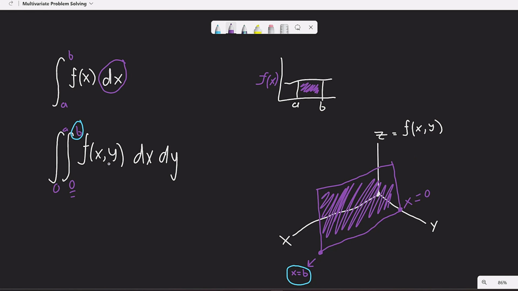So imagine f of x, y was a prism that ran across just like this. We have our prism.